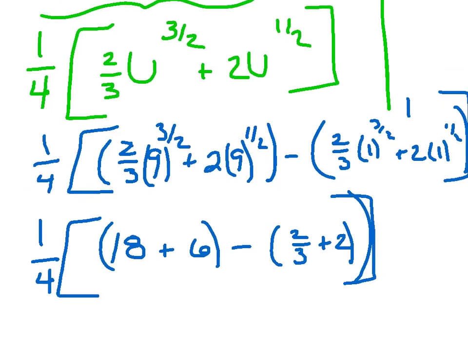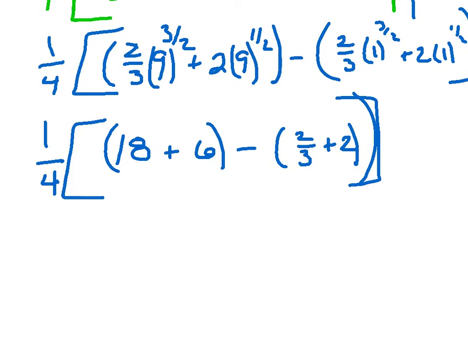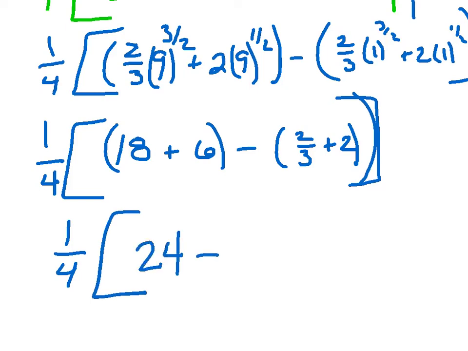And again, I'm just going to keep going here. That's my 1/4 still out front of everything. 24 minus, I'm going to call this 6/3, which is equivalent to 2, so minus 8/3.